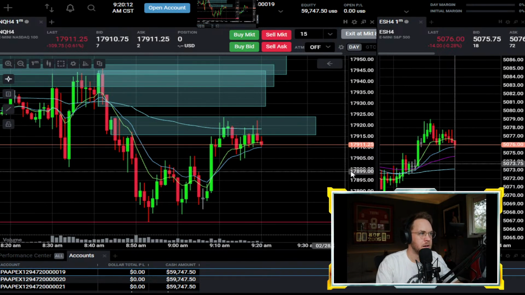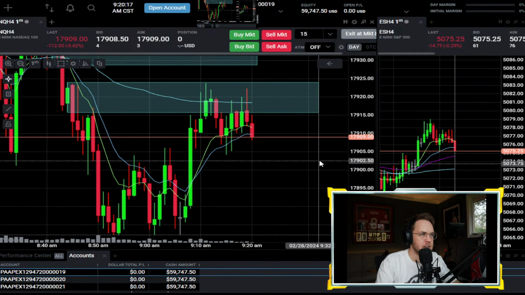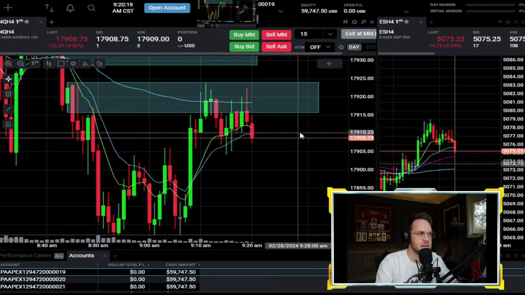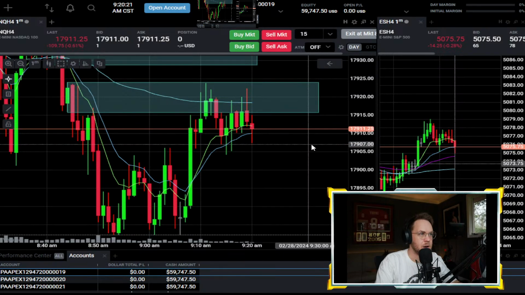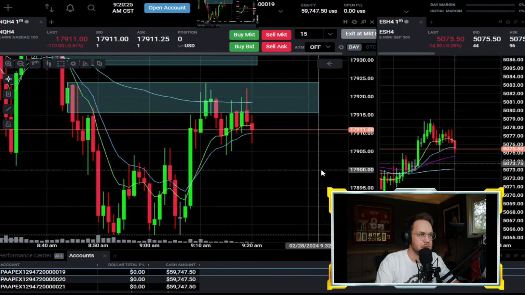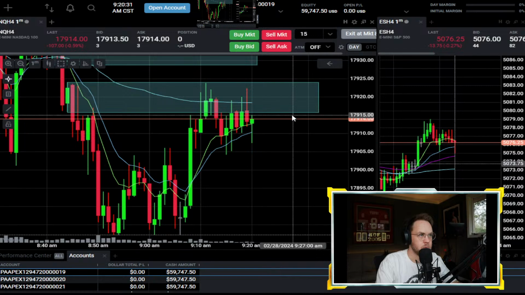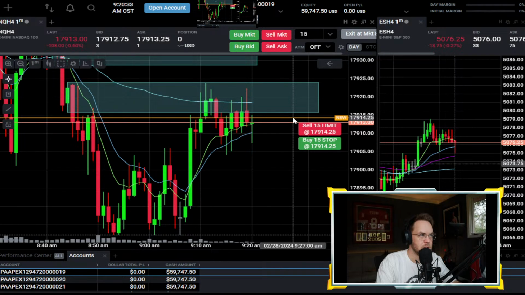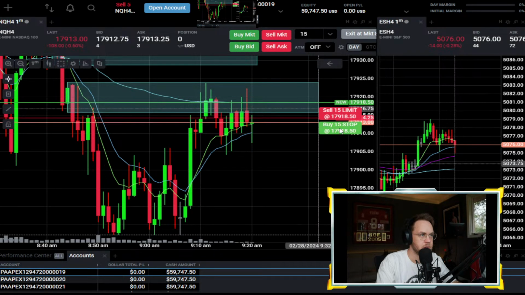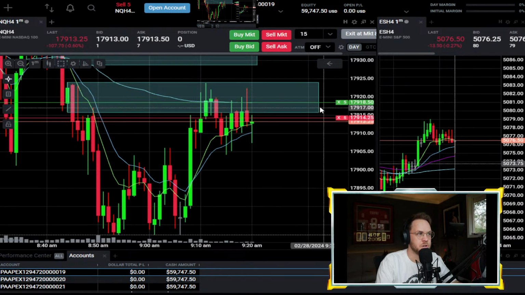Okay, here we go. It looks like we might get a breakdown to the downside. I am going to try to take a short here off of 17,910 down to basically 17,900. I'm just going to take a quick 10-point scalp. Let's see if we get one right here.